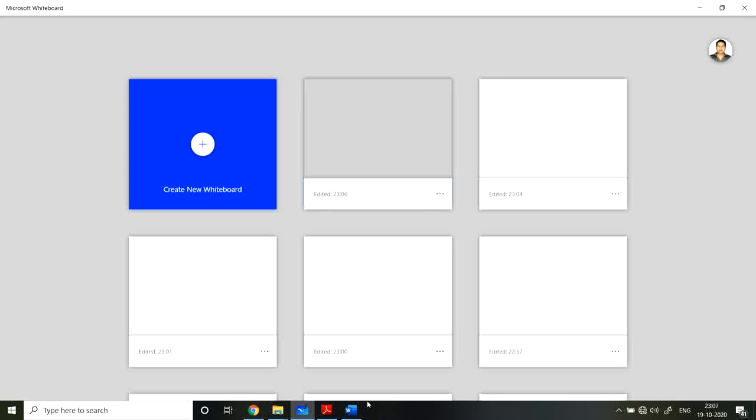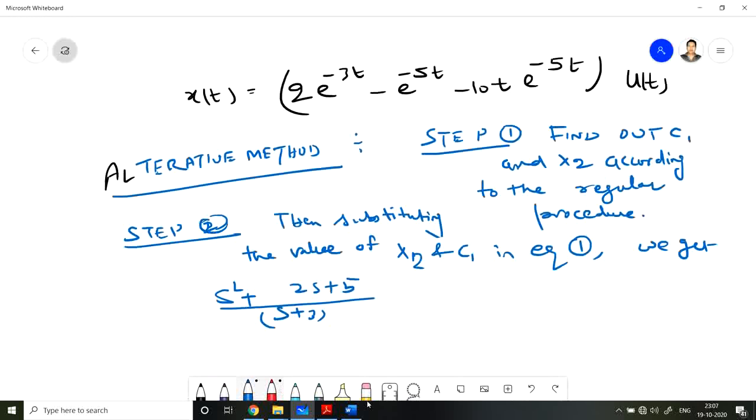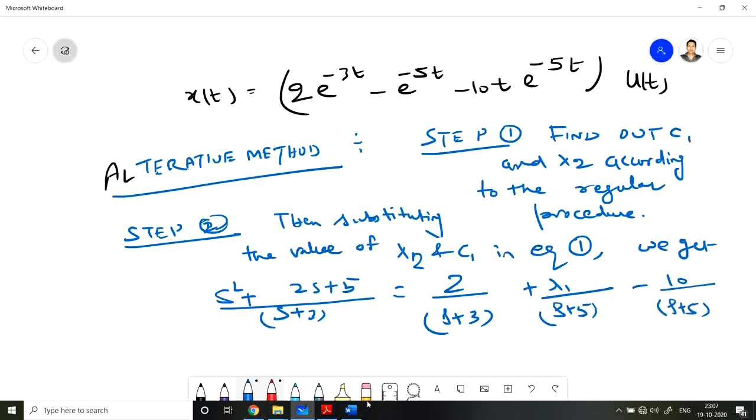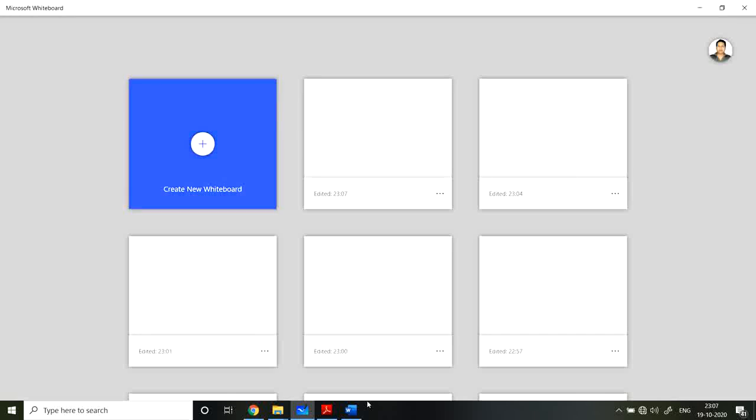So what we will get here? 2 divided by s plus 3 plus lambda 1 divided by s plus 5 minus 10 divided by s plus 5 square. So what we will do, we can set s is equal to 0.